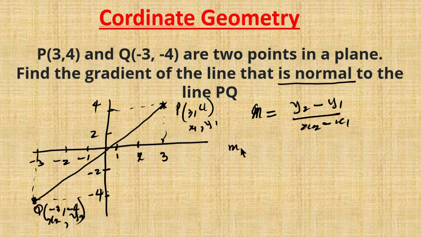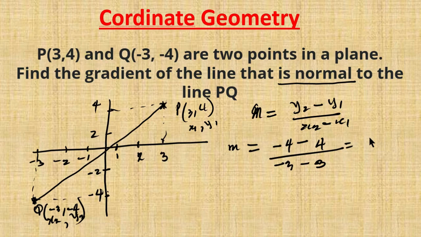So my M for this particular line will be y2 minus y1, that's minus 4 minus 4, all over x2 minus x1, that's minus 3 minus 3.